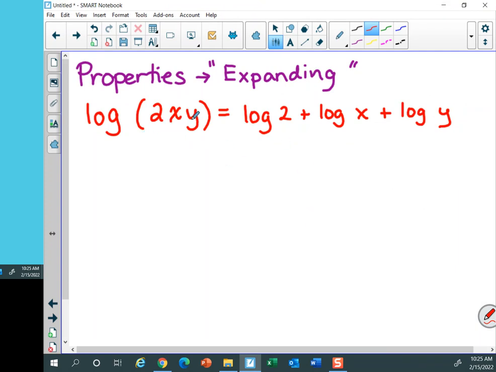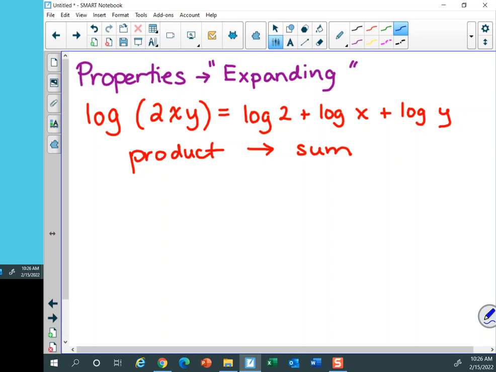So products, we took a product into a sum. And it doesn't matter if it's a regular log, a common log, a log base 5, a natural log, whatever. It's the same property regardless.